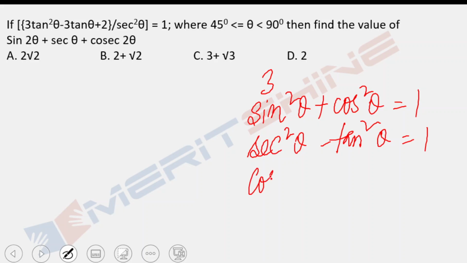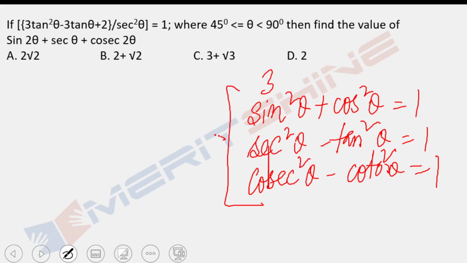And the third, cosec square theta minus cot square theta is equal to 1. All of these three come under the basic identities of trigonometry because they come directly from the Pythagorean system of understanding trigonometry. Okay? Right?